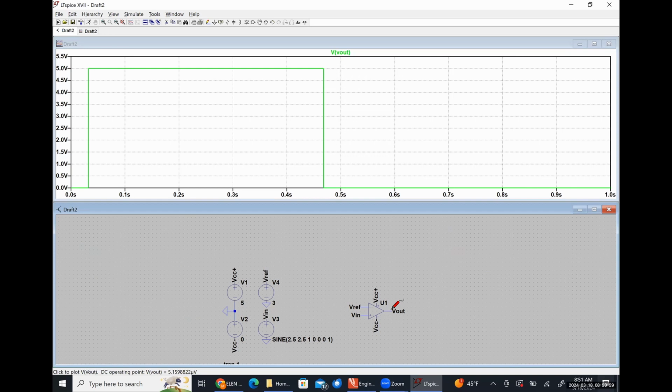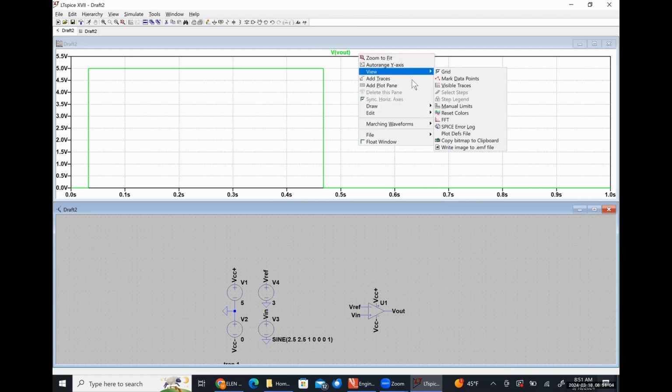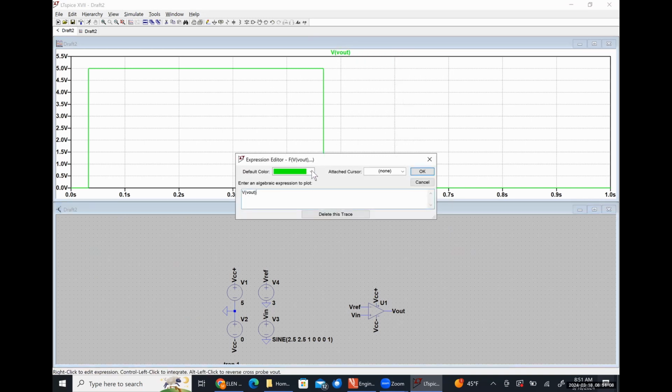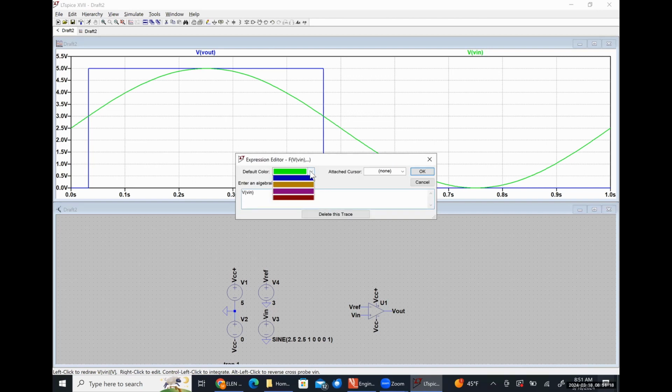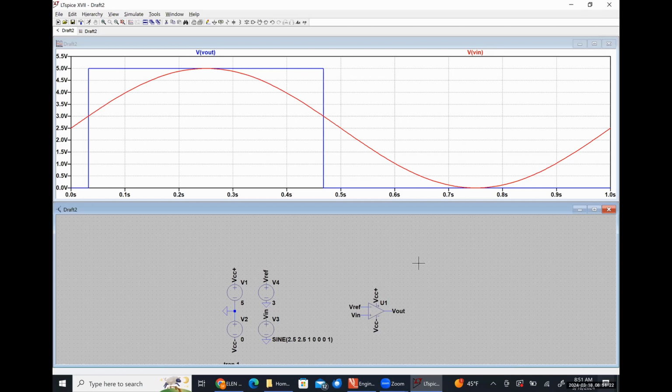I'll change this color to blue. While we're at it, let's look at the in, and let's change that one to red.